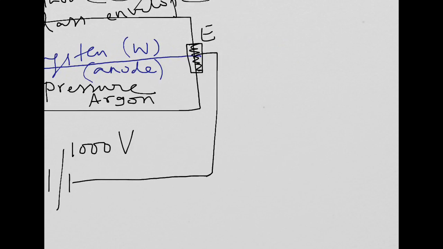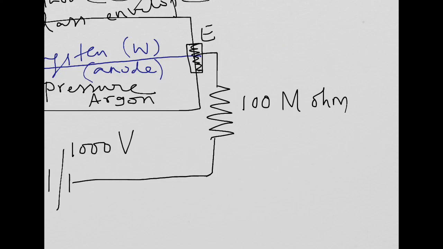We also have a high resistance on the collector side, maybe in the order of 100 mega ohm. Mega stands for 10 power 6, through which the output can be taken to an amplifier.